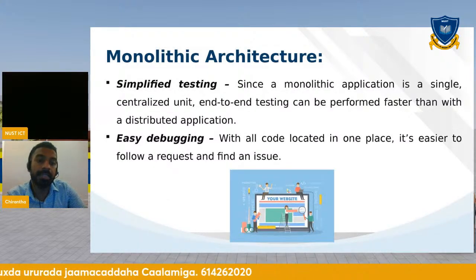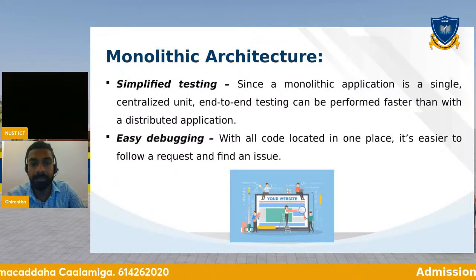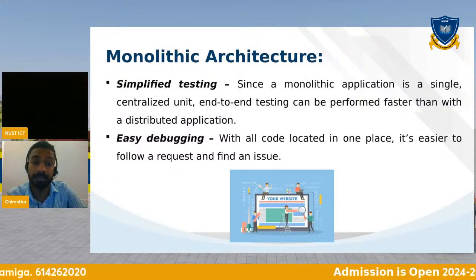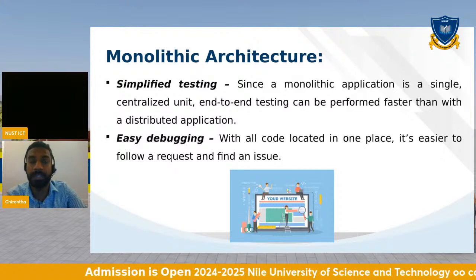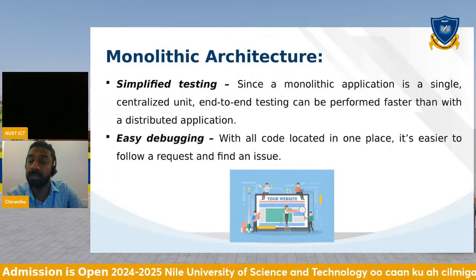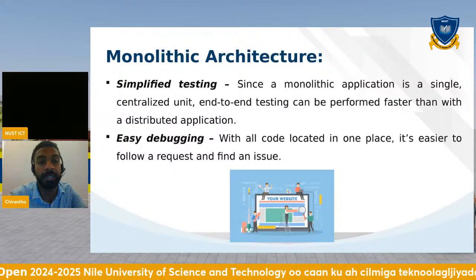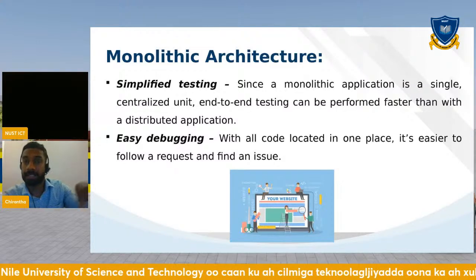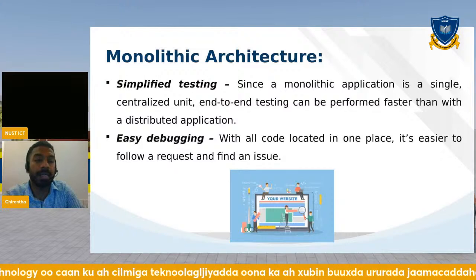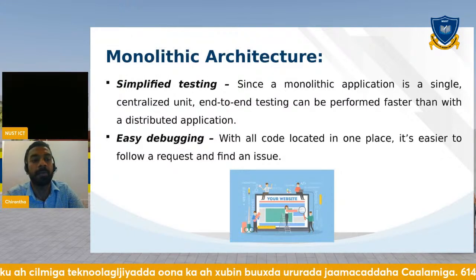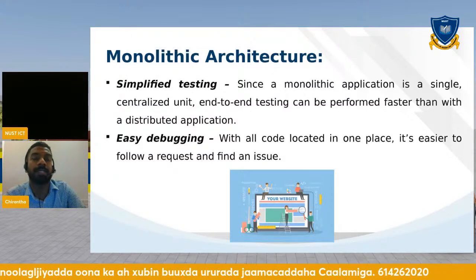Then the testing is very simplified. Since the monolithic application is a single, centralized unit, end-to-end testing can be performed faster than with a distributed application. We know that when we go for a distributed application, the term distributed means that everything is distributed. Suppose there are 5 distributed items, we have to integrate each and every component together.